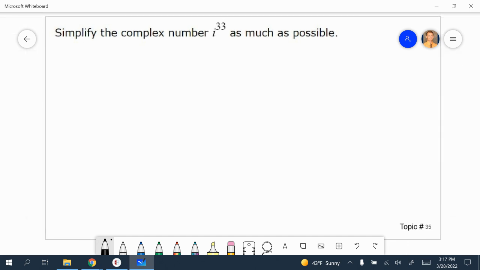Okay, topic number 35. So for topic number 35, it's nice to have a little template. I would definitely write down what I'm about to write down in your notes.